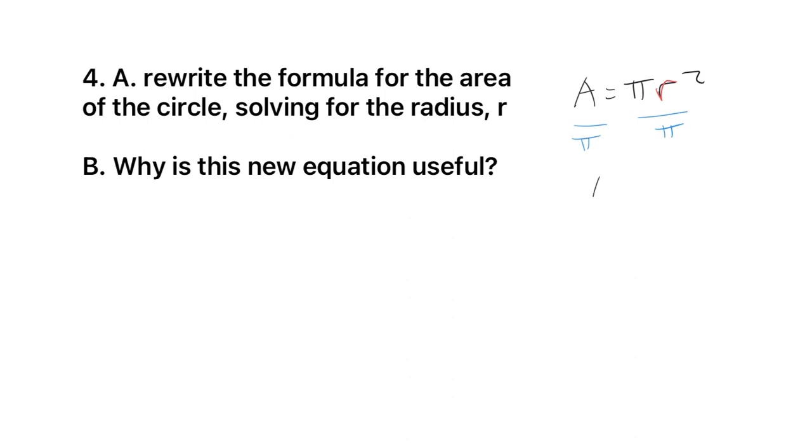Next thing you know, we would have A over pi equals r squared. Then you would take the square root of both sides. Typically when you do the square root, you would say plus or minus, but we're not going to do that. It's just going to be r because r has to be positive. So r equals the square root of the area over pi. That would be an example of solving for r.